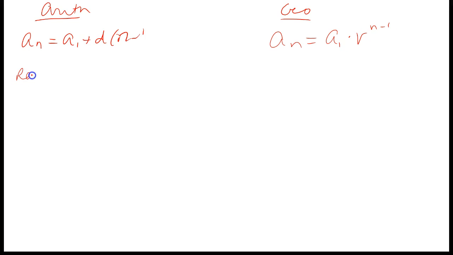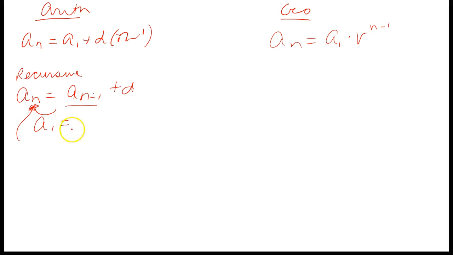Now we also have the recursive rules. The recursive rule is an minus 1, that's the term in front of the one I'm looking for, plus d. Isn't that the definition of an arithmetic sequence? I'm adding d each time. In addition, I have to give the first term, because if I was trying to find a1 here, there's no term in front of a1.